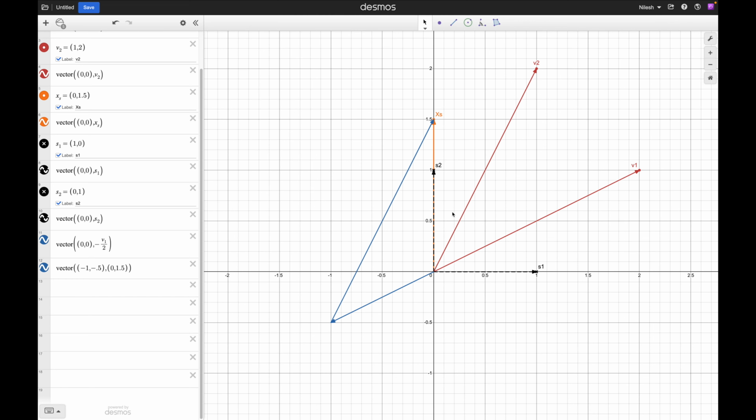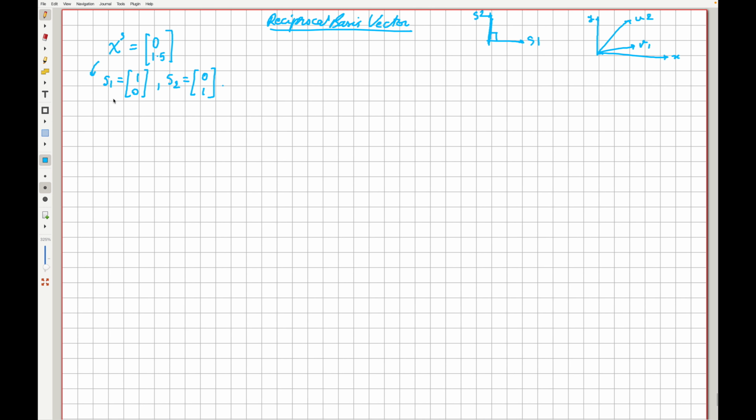The s1 and s2, 1 0 and 0 1, are orthogonal, and so for the vector expansion in this case we could simply write x of s is equal to 0 s1 plus 1.5 s2.